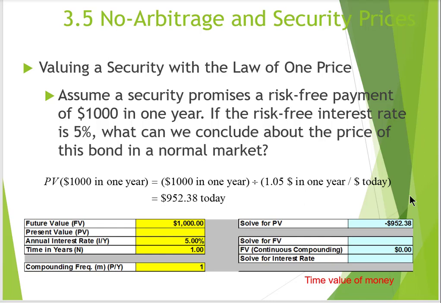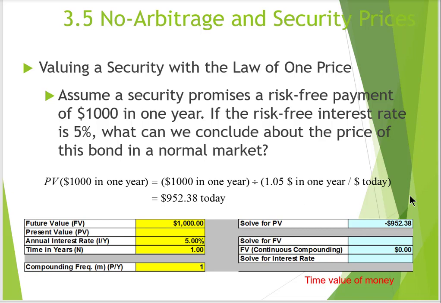So let's say you could buy this asset for $900. Would you pay $900 for something that was worth $952? And of course you would. Now, if you subtract $900 from $952, that's $52.